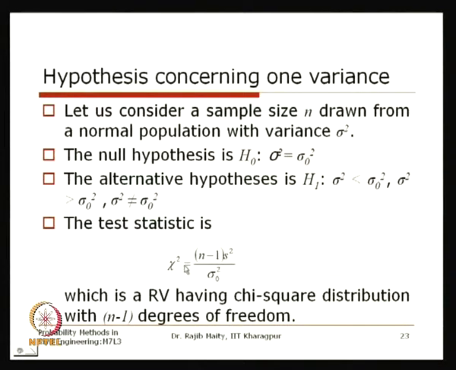So, this chi-square statistic we can use to test a single sample variance. Sigma naught is some threshold value for the population, and this statistic has a chi-square distribution with n minus 1 degrees of freedom.